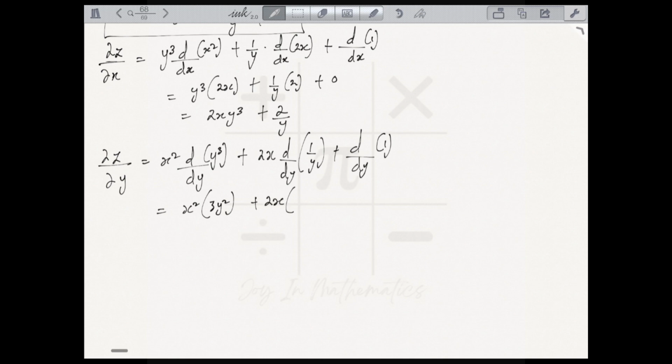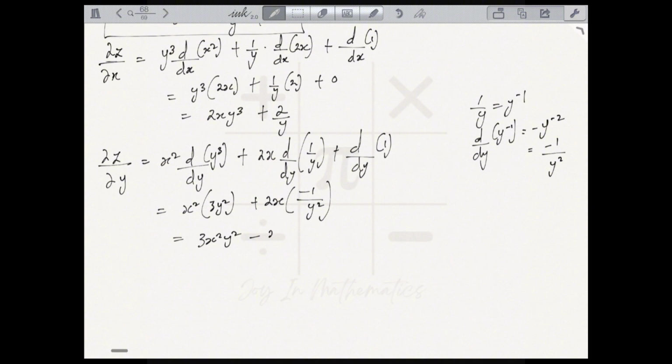Now 1 over y is the same thing as y raised to power minus 1. And differentiating y raised to power minus 1, we have minus y raised to power minus 2, and this can be written as minus 1 over y squared according to the law of indices. And then simplifying, we have 3x squared y squared minus 2x over y squared.